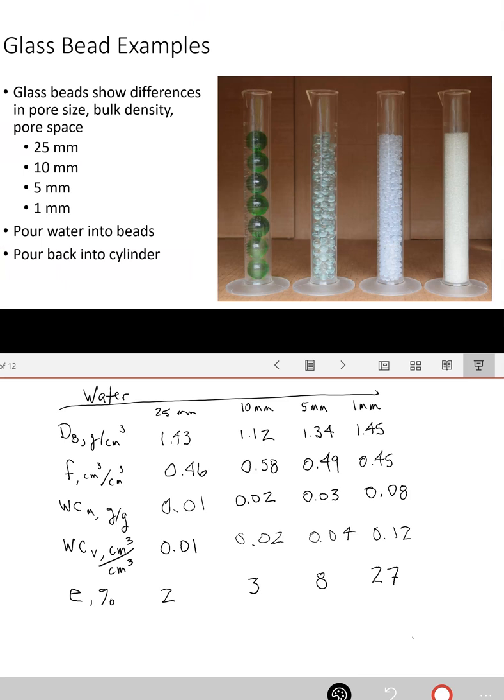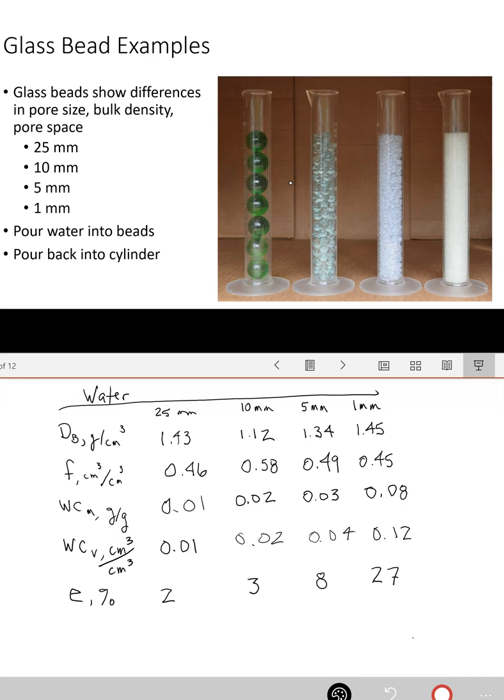So here's what we end up with, and let's make a note of what's going on as we change from the largest particles, 25 millimeters, the largest spaces. Those hold the least amount of water per unit of volume, and in the biggest beads, the 25 millimeter ones, only 2% of the pore space is filled with water.